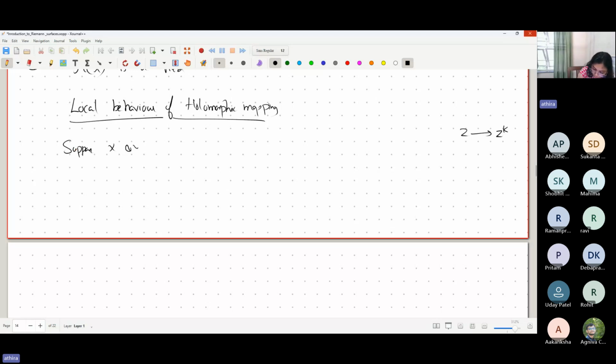Suppose X and Y are Riemann surfaces, and f from X to Y is a non-constant holomorphic map.